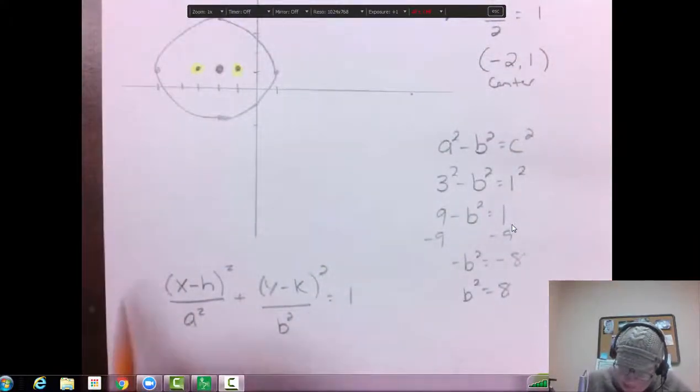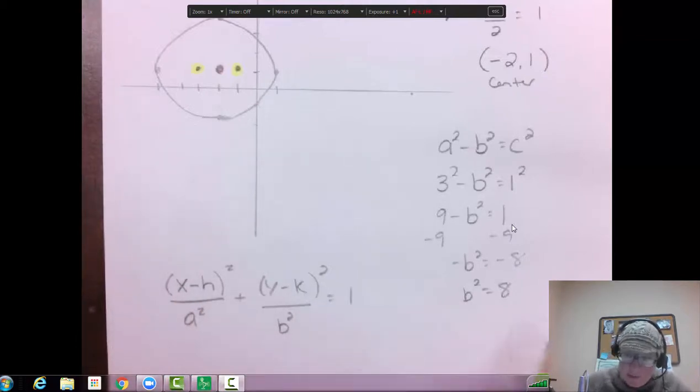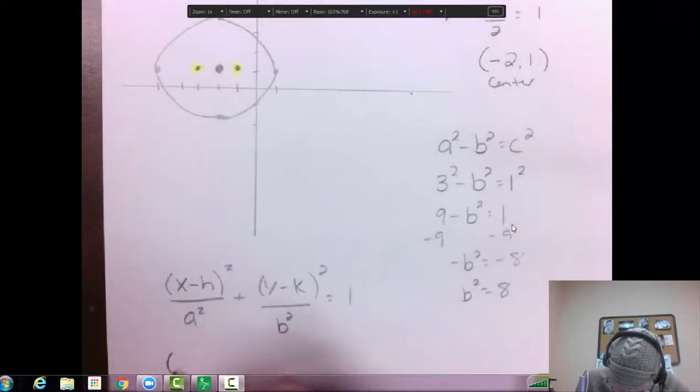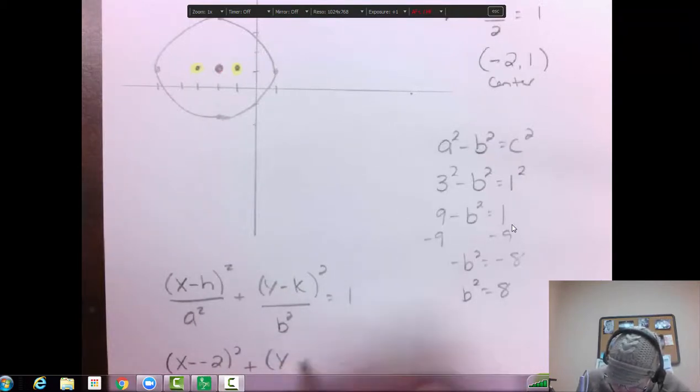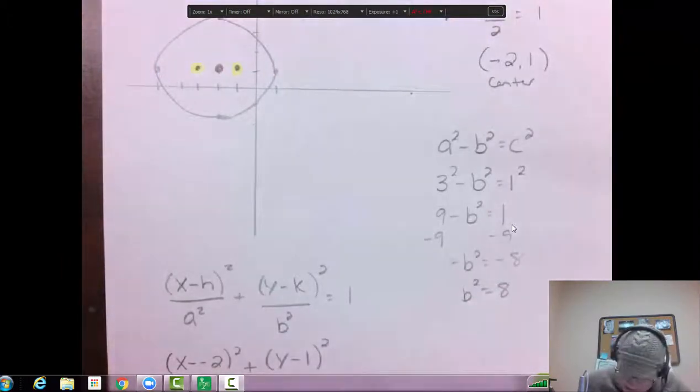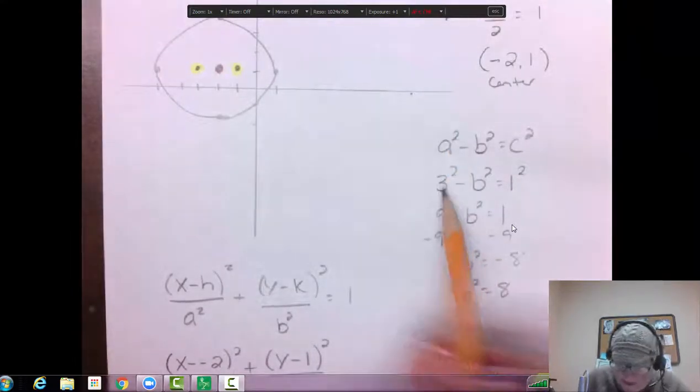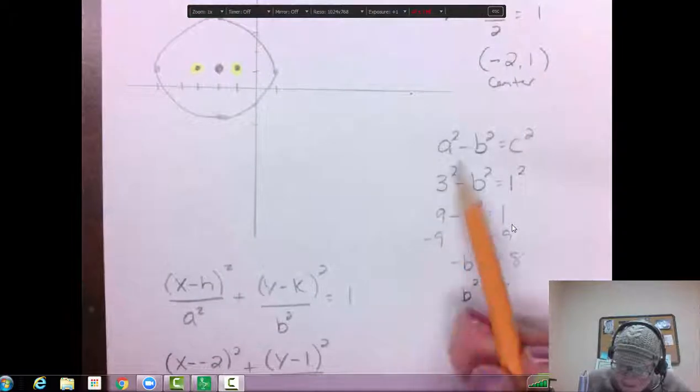So let's put in what we know. We know the center is at -2, 1. So we're going to have x minus that -2 squared plus y minus k, which is 1 squared. And we know under each of these is a squared and b squared. Well, a squared we know is, the distance was 3, so a squared is 9.